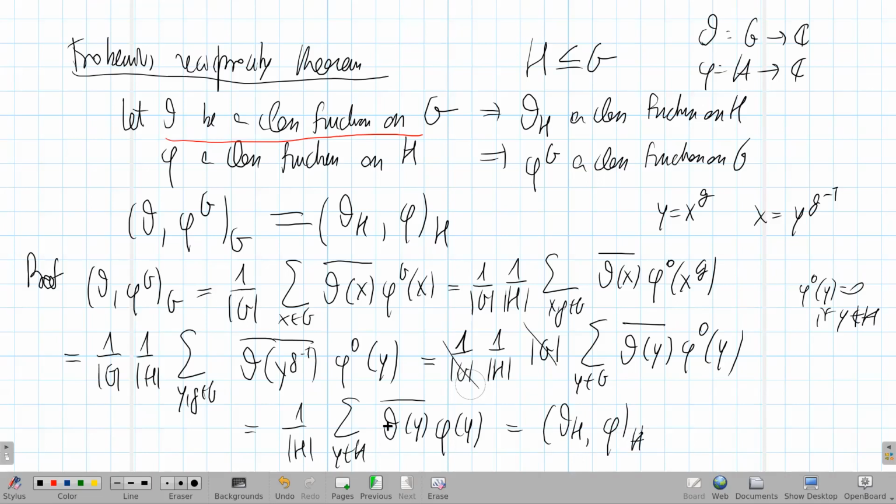Simply because restriction means a function on H, and of course here we are evaluating theta only on elements of H. So you see there is this kind of duality between the two operations: restriction, where you have a function on G and you restrict it to a subset H, and this operation of induction.